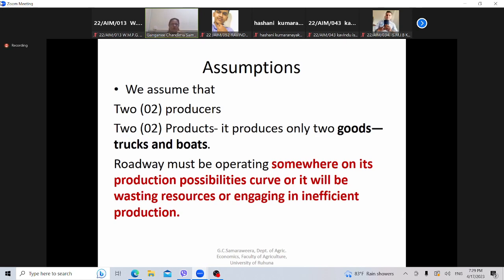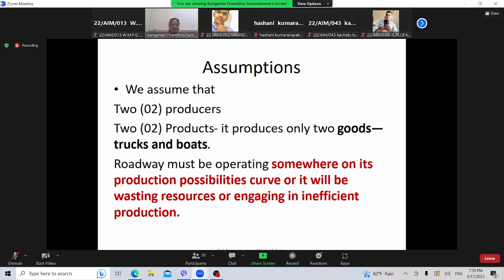Okay, so roadway must be operating somewhere on its production possibility curve, or it will be wasting resources or engaging in inefficient production. So if they use the best resources to produce these two goods, it is better for this production because there are two producers and two products.